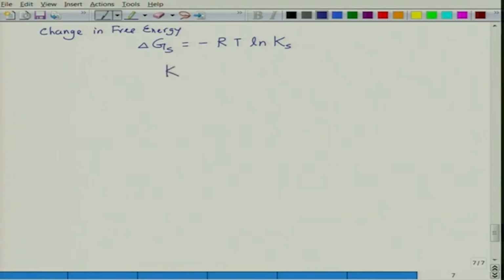So, we can write this Ks as exponential of minus delta Gs divided by RT, or KT, but let us say we write it in terms of RT. Here delta Gs is basically the molar free energy of defect formation, and this will be equal to delta Hs minus T delta Ss.